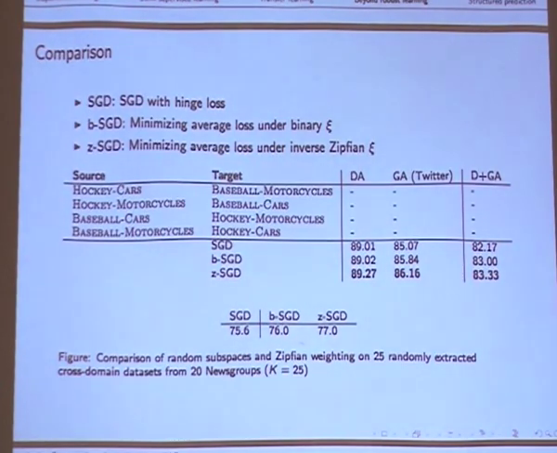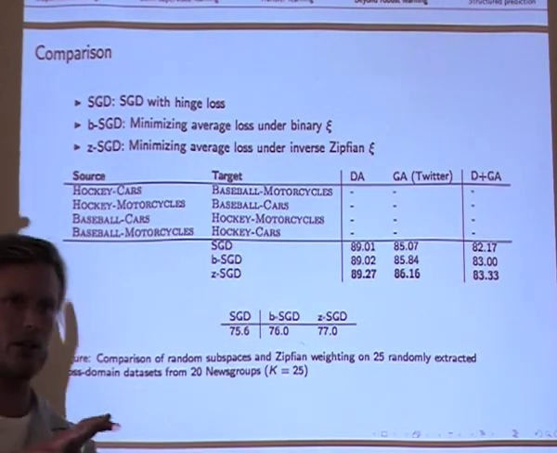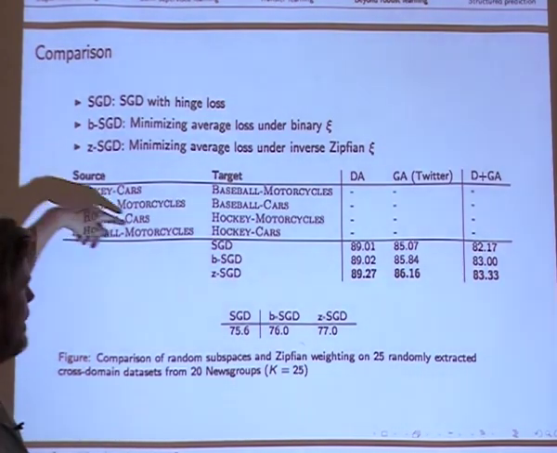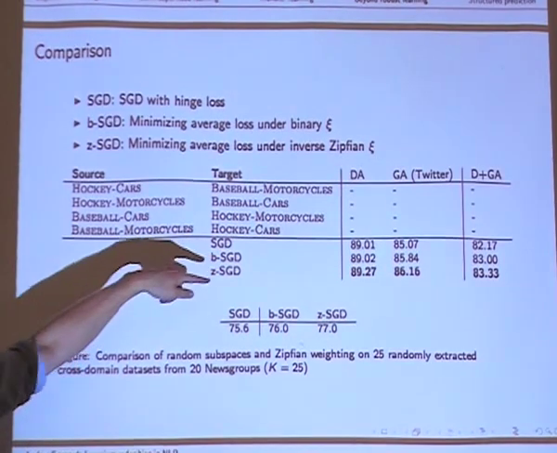It turns out that's actually a good idea, but it's really important what distribution you're sampling your real-valued vector from. This is a bit tongue-in-cheek, but try to follow me on this one. Here I'm using stochastic gradient descent with hinge loss, which is kind of an SVM-like learning algorithm. What I'm comparing here is the standard supervised learning algorithm.